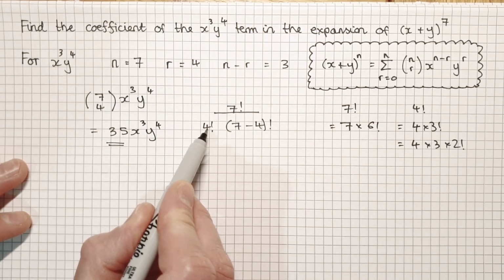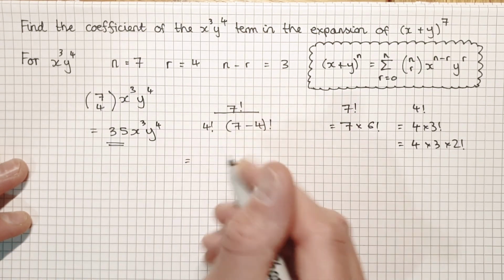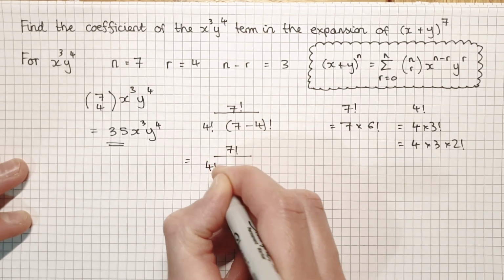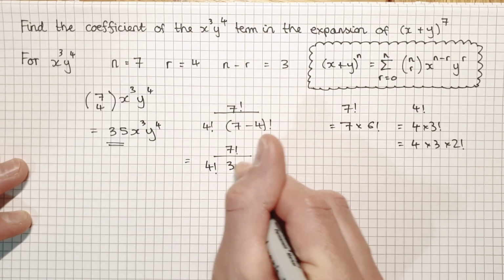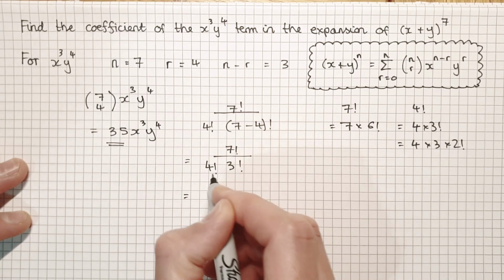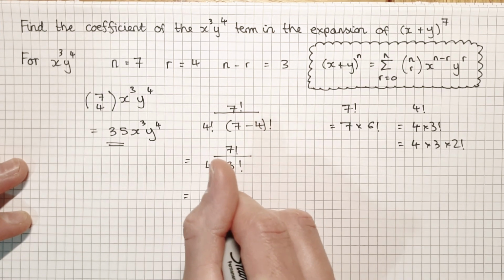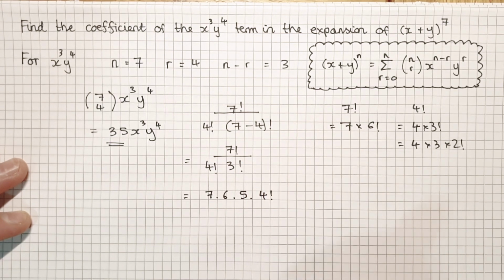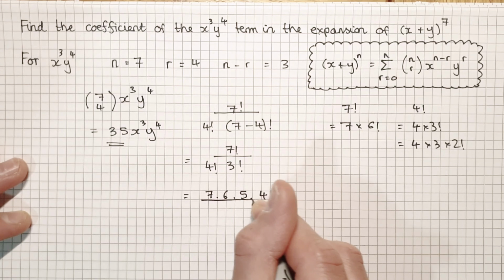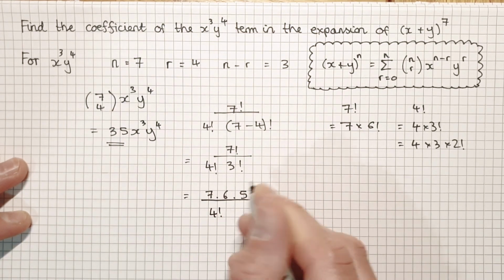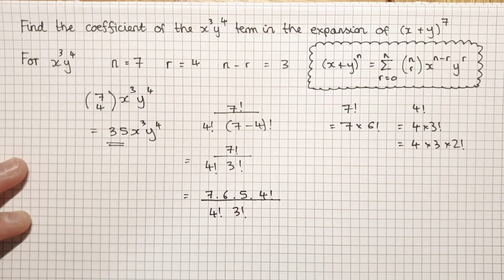So I've got 4 factorial here, I've got 7 factorial on top. So let's tidy things up a little bit first. And 7 minus 4 is 3, so we've got this. Now, to make it easier to cancel a few things down, 7 factorial on the top, 4 factorial on the bottom there, so 7 times 6 times 5 times 4 factorial is just the same as 7 factorial over 4 factorial, 3 factorial.